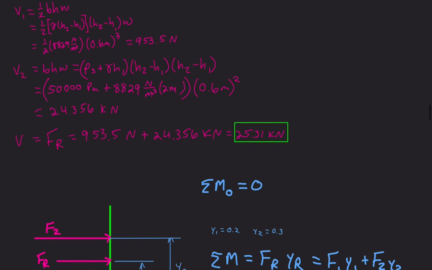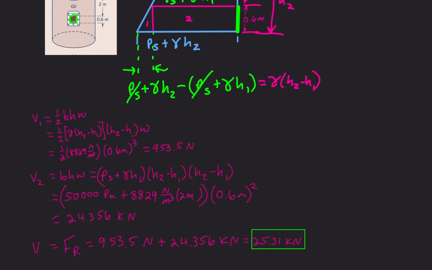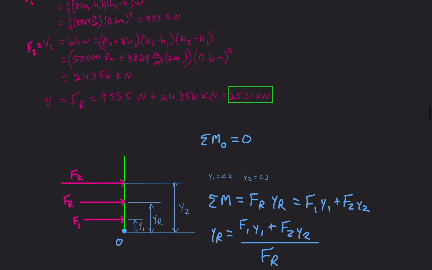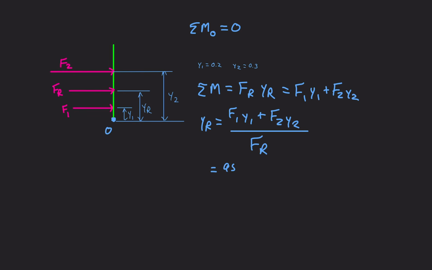Okay, F1 was, I called it V1 here. We could say F1. F1 was 953.5. 953.5 newtons times 0.2 meters. These are meters.